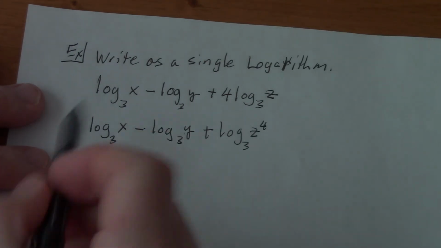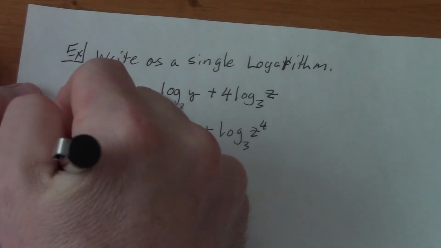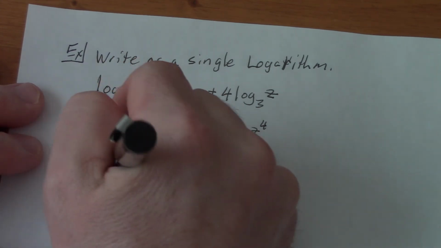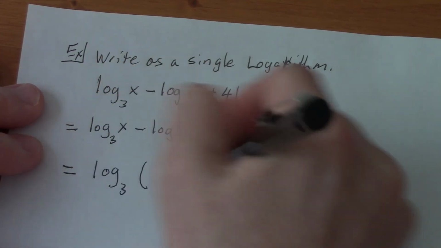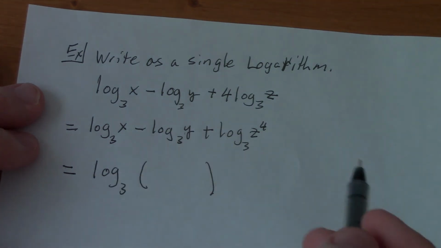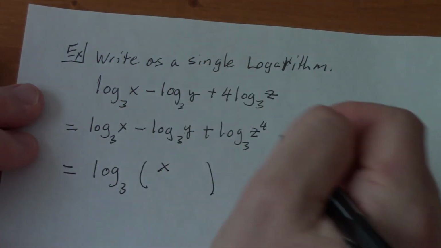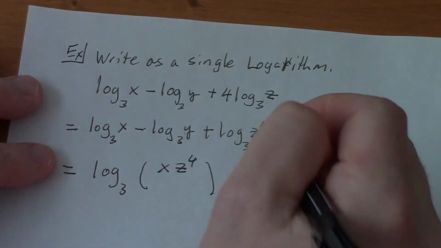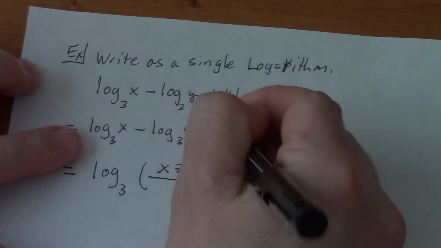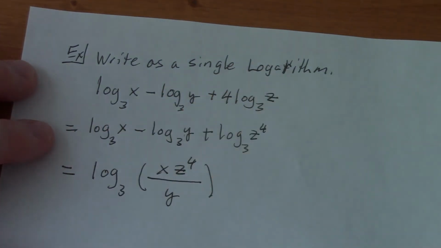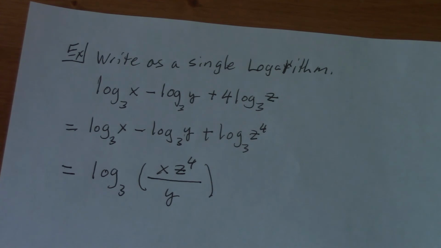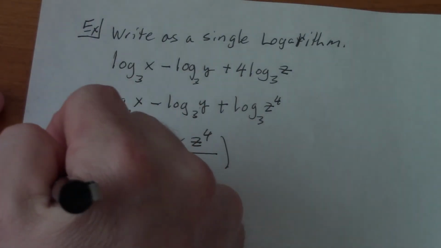Then everything with a plus goes in the numerator and everything with a minus goes in the denominator. I don't know if you can hear that motorcycle, but they need a muffler. That's x, z to the fourth. Those are both things that belong in the numerator because they have plus signs in front of them, and then log base 3 of y goes in the bottom. That would be to contract a logarithm, and you need that to be able to solve equations.